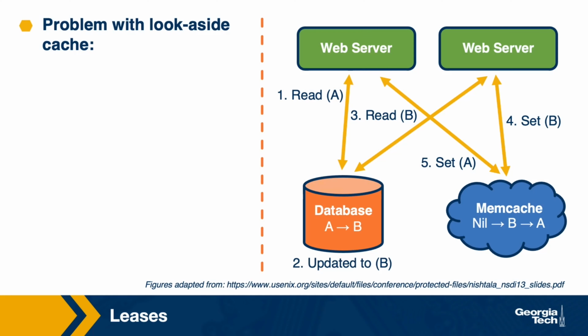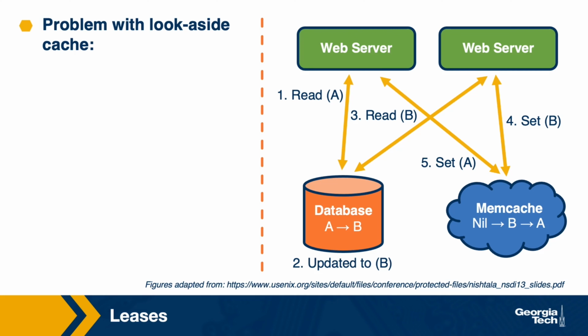Consider this scenario. Two web servers try to access the value of an entry in the database. Let's say the initial value of this element is A, and the element is not present initially in the Memcache. Each of the servers first tries reading from the cache and gets a miss, and at that point tries reading from the database.